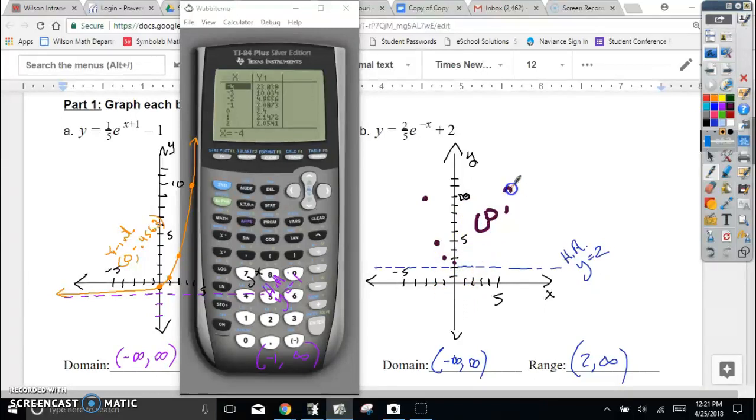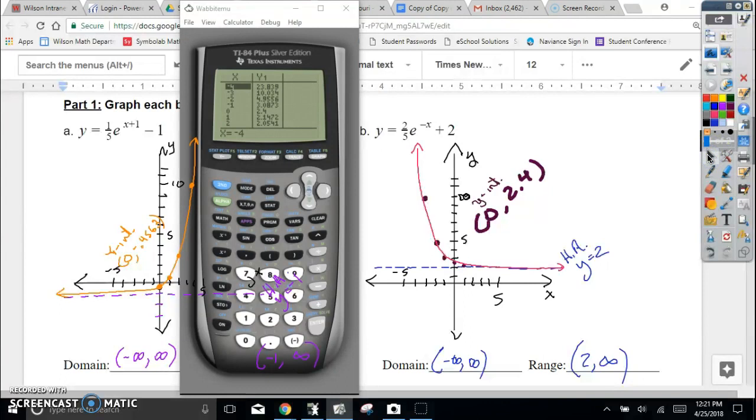So 0, 2.4, that is your y-intercept. Okay, so let's keep going here. 2.1, just barely above that line. So let's connect them. Coming down here really steep, making sure I hit all my points, and then bottoming out on that horizontal asymptote. So there's your first two, A and B.